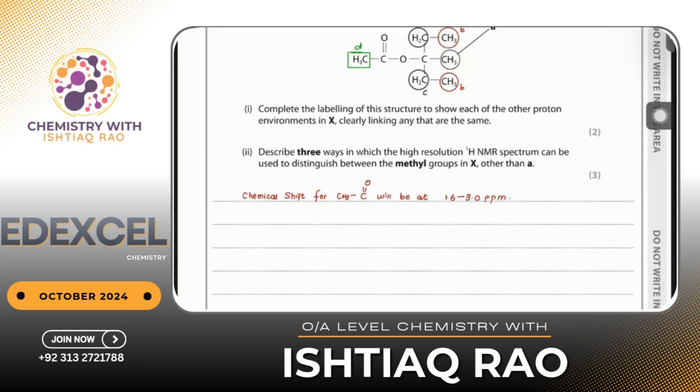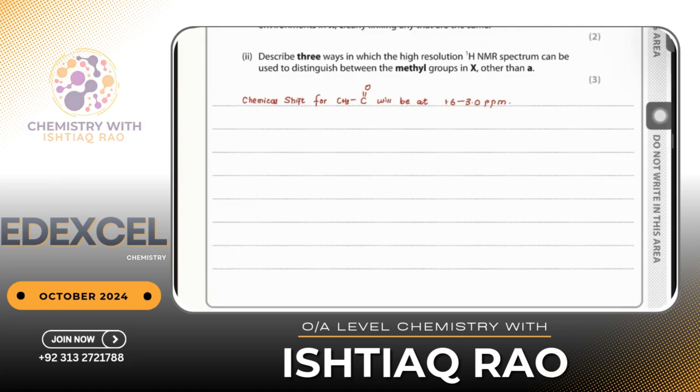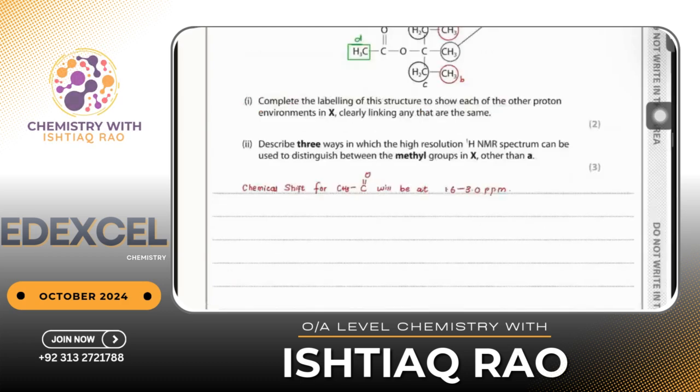They are asking for three ways in which the high resolution NMR spectrum can be used to distinguish between the methyl groups in X other than A. So it would be present at 1.6 to 3.0 ppm, and it gives us a singlet.